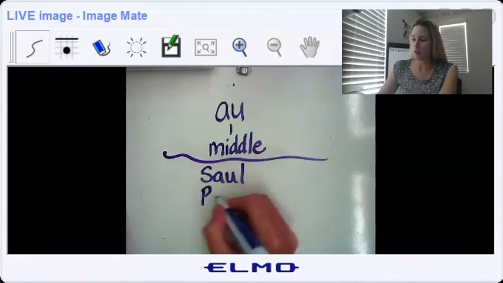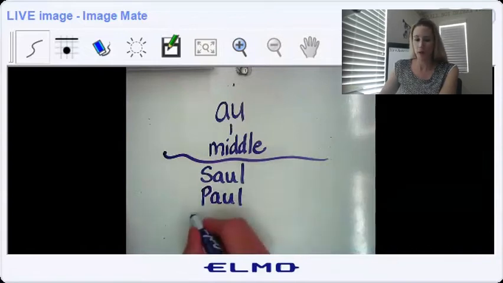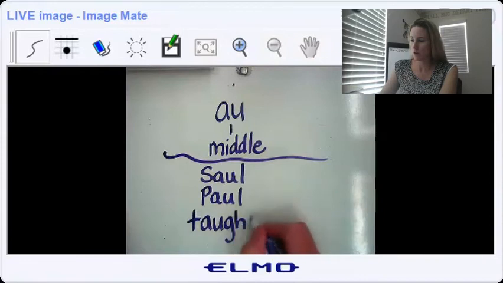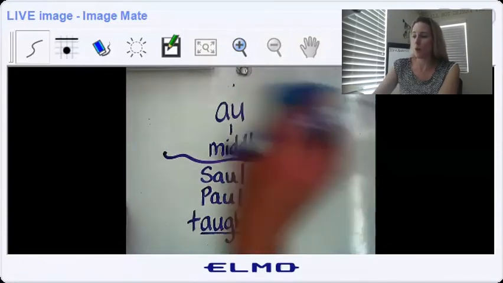We're going to have a character named Paul, P-A-U-L. And we have this word that's a high frequency word, taught. Now this vowel team is actually A-U-G-H, T-A-U-G-H. So this word is slightly different, but it has the same sound, but we're going to represent it.